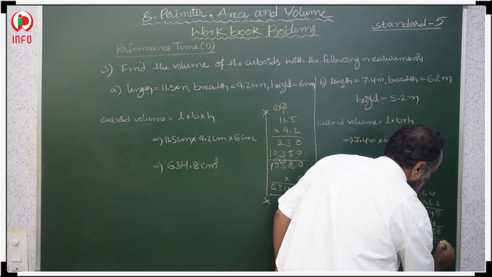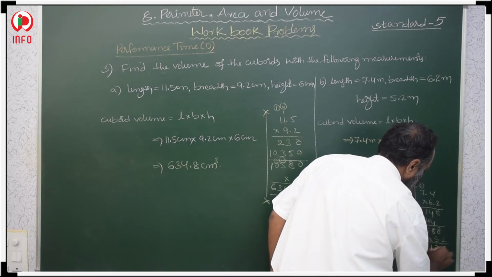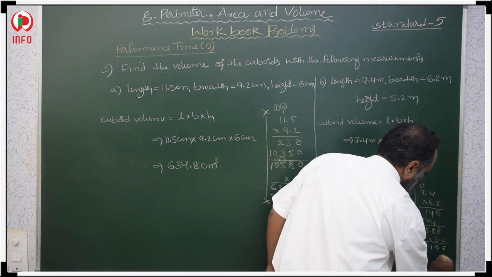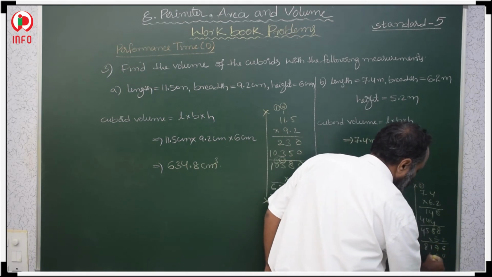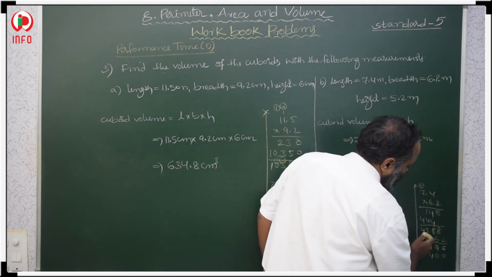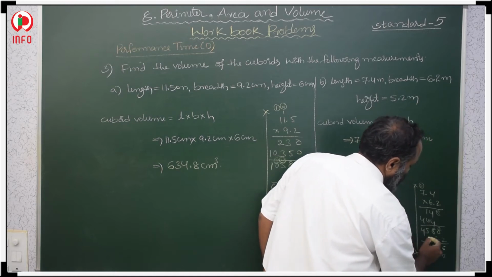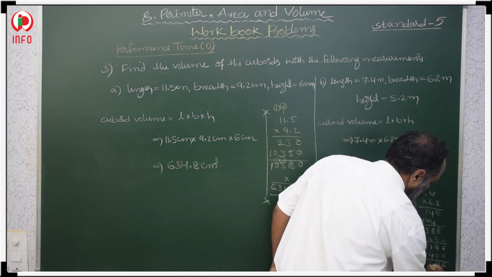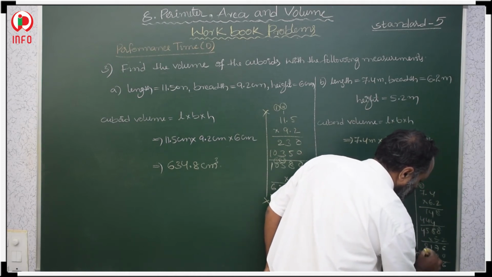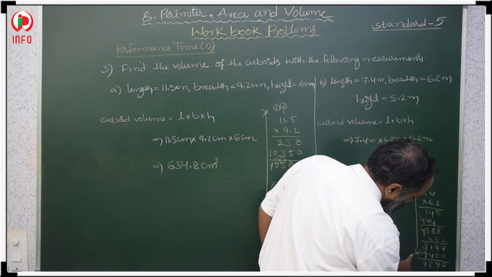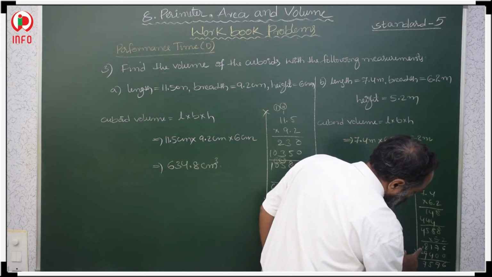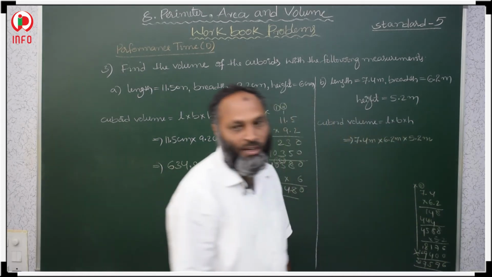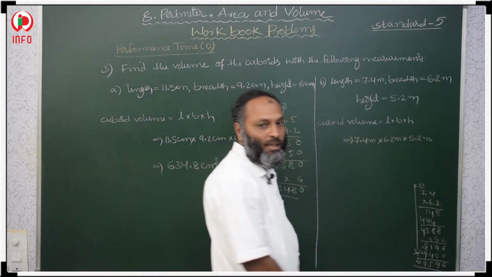2 8s are 16, 16, 17, 2 5s are 10, 11, 1, 8. Next with 5, we get 237.576.